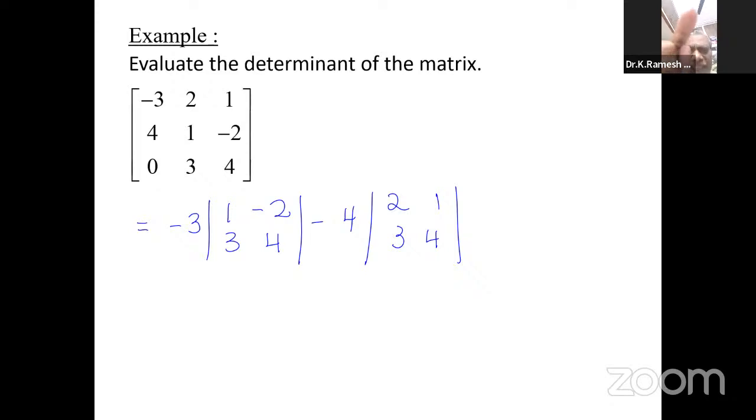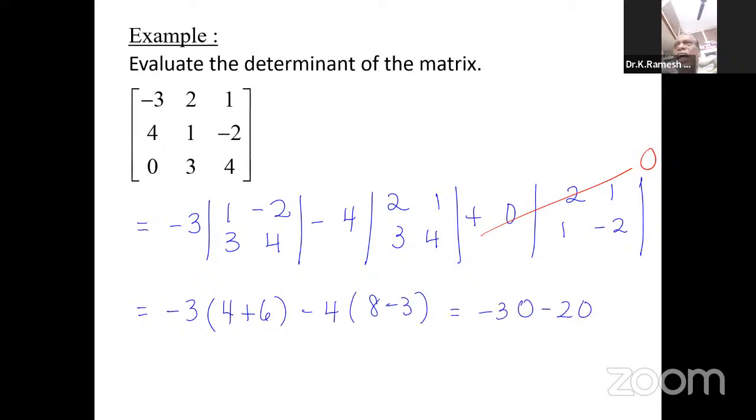You delete that row and column and take the remaining 4 elements and take the determinant of that matrix. And the third one will be minus 1 into 4 and 1 and 0 and 3. Now find the determinant of all these matrices, and then you add them, and you will get the determinant of that matrix as minus 50.